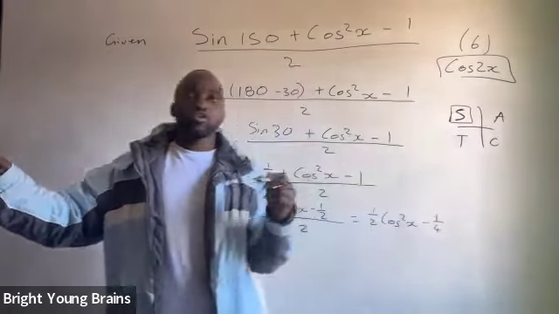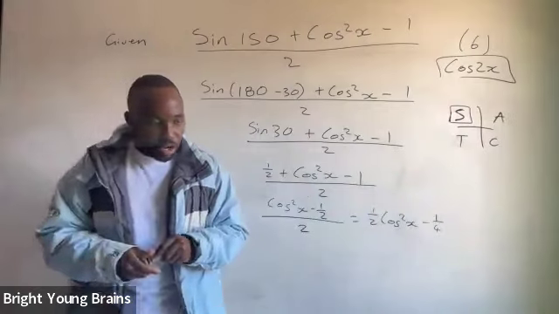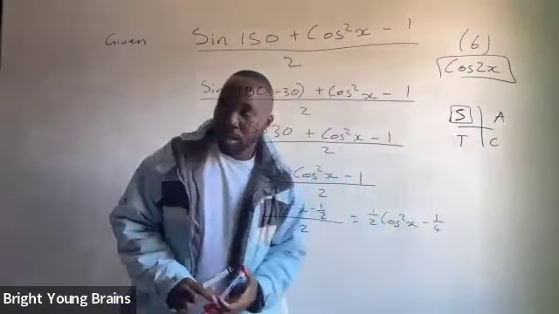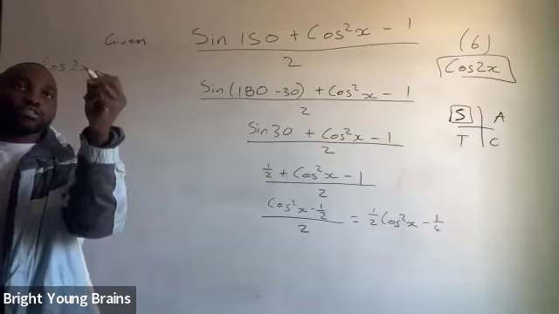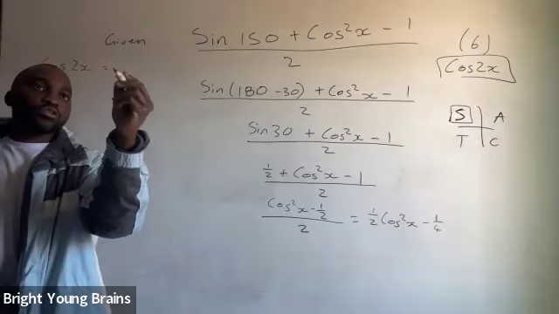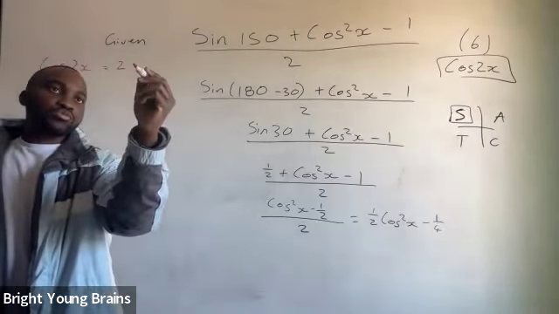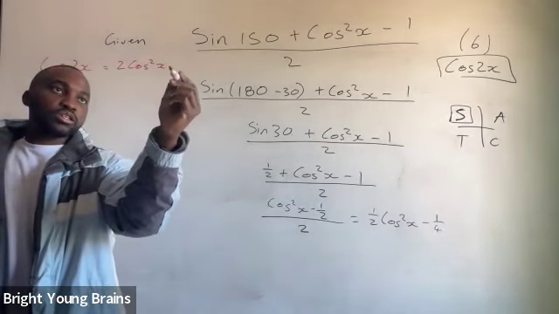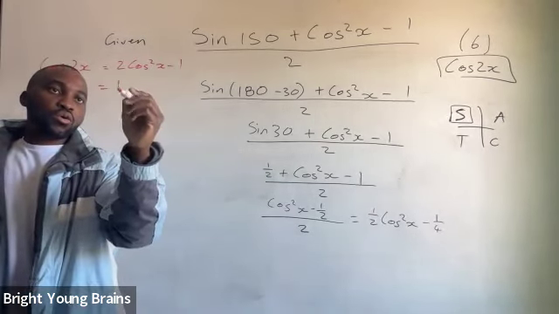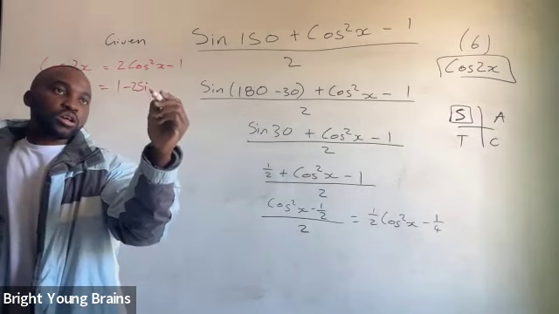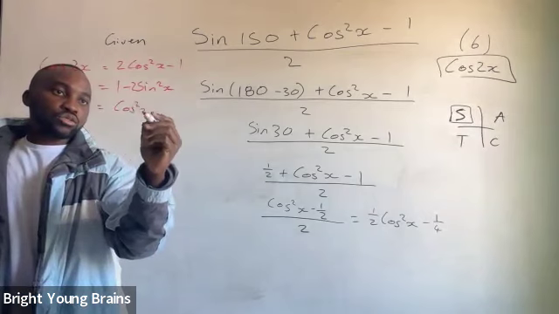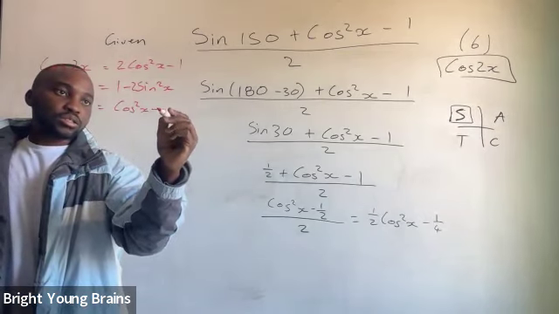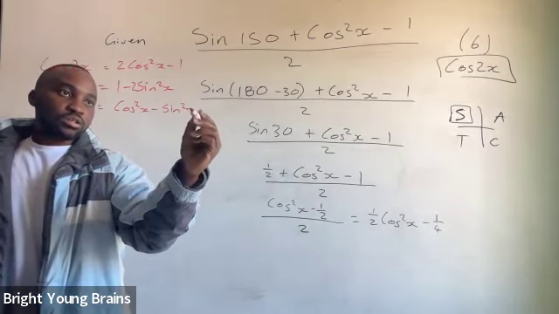What we already know is that cos 2x can be written as one of 3 things. Cos 2x is either equal to 2 cos squared x minus 1, or 1 minus 2 sine squared x, or it is equal to cos squared x minus sine squared x.